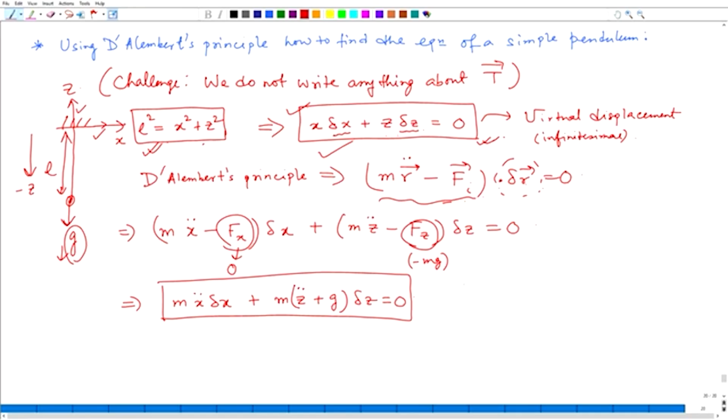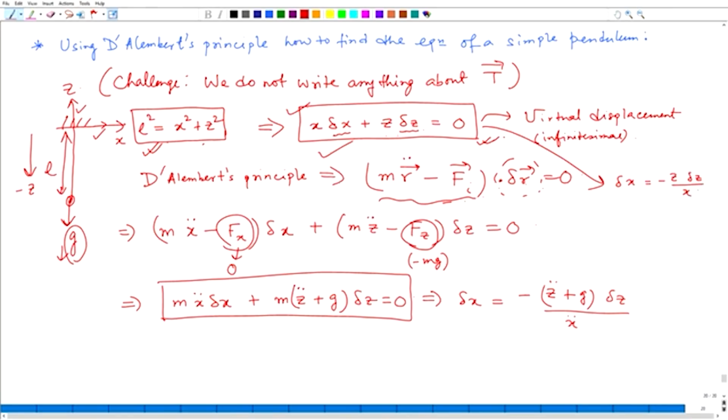So, from this, delta x will be equal to minus z double dot plus g times delta z by x double dot. And then again from the other equation I have delta x is equal to minus z delta z by x.